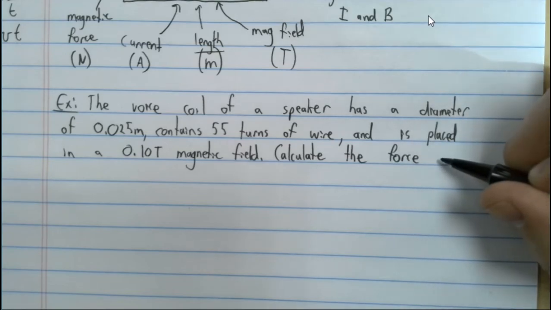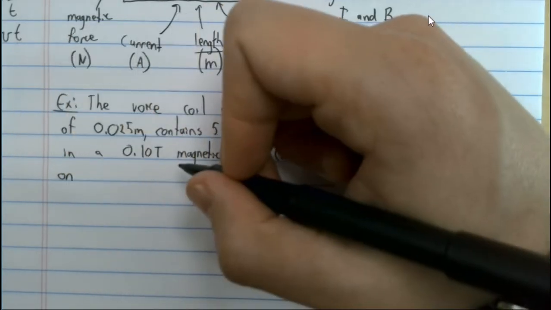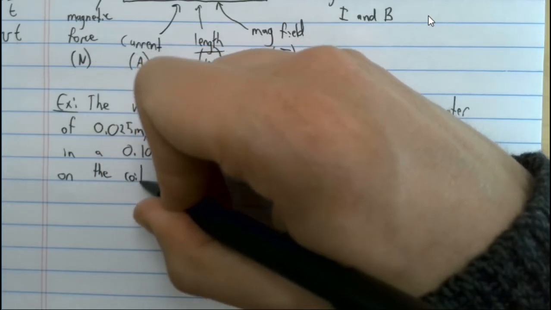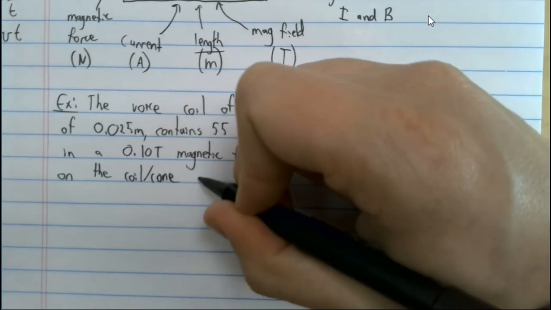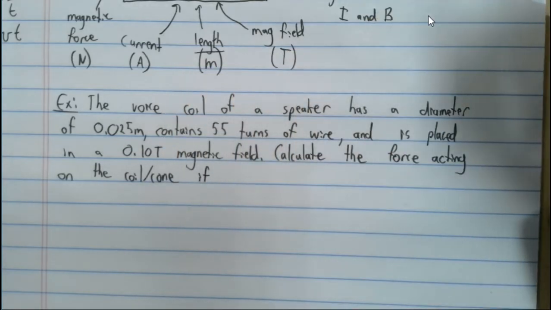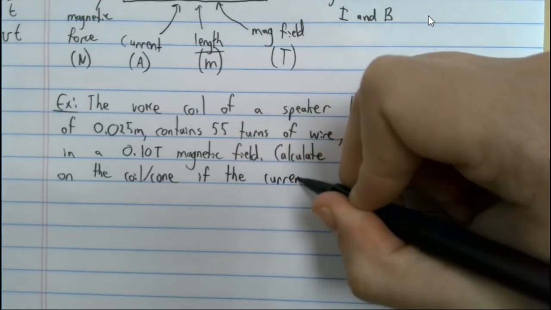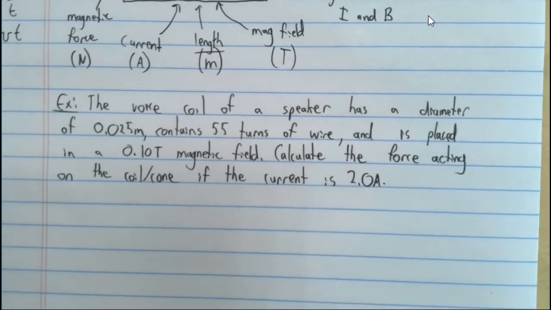Calculate the force acting on the coil/cone if the current is 2.0 amps.